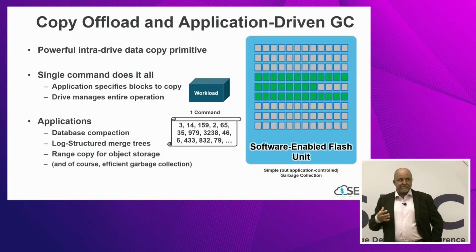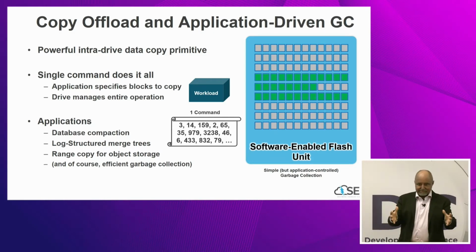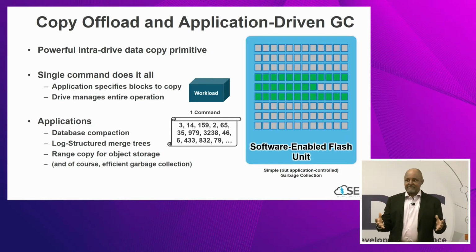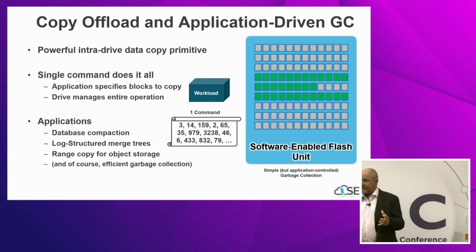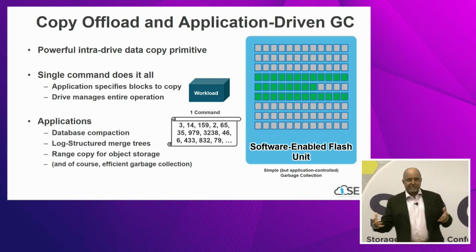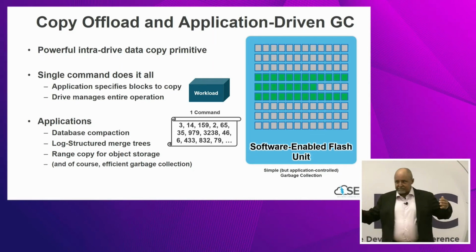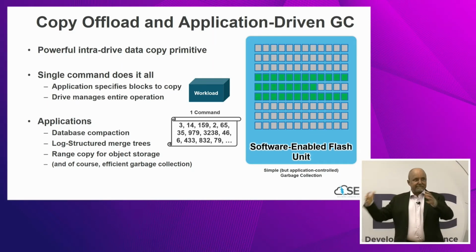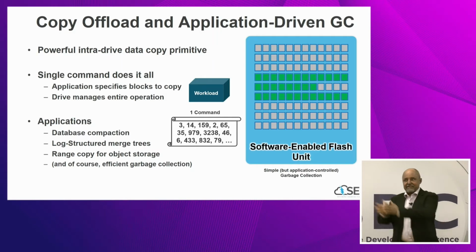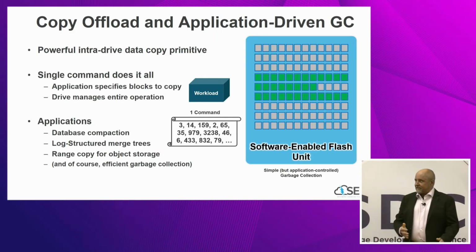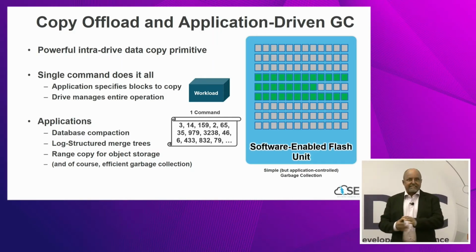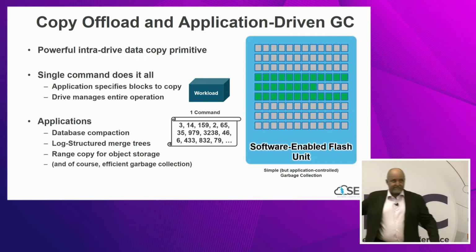For example, if you're doing something like a database compaction where you're getting rid of the stale pages in your tables, or a log structured merge tree, say RocksDB or MyRocks, where you're combining different streams, reading out newer streams and writing out a longer lived stream. That's really just data movement. You're moving data from the drive into the host, doing no real work on it, and then driving it back to the drive. That's wasteful.